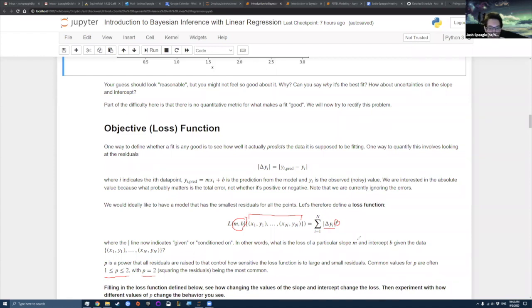If you instead have P greater than 1, in this case 2, then you're going to be very sensitive to large residuals because you're squaring them. So you care much more about points that are maybe outliers or far away from the fit than points that are quite close to the fit.